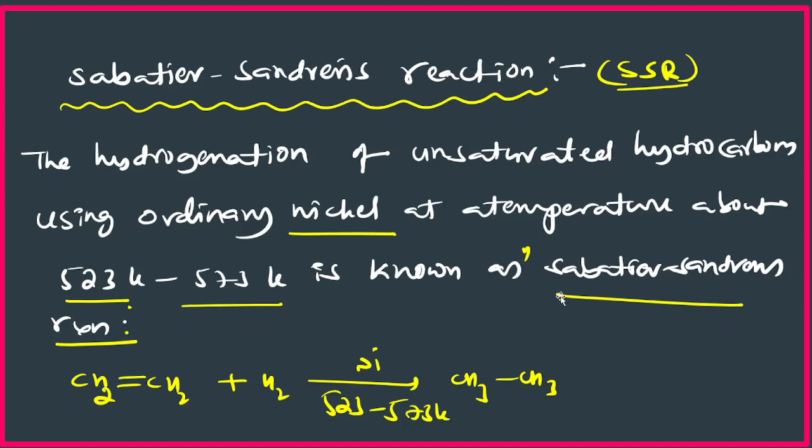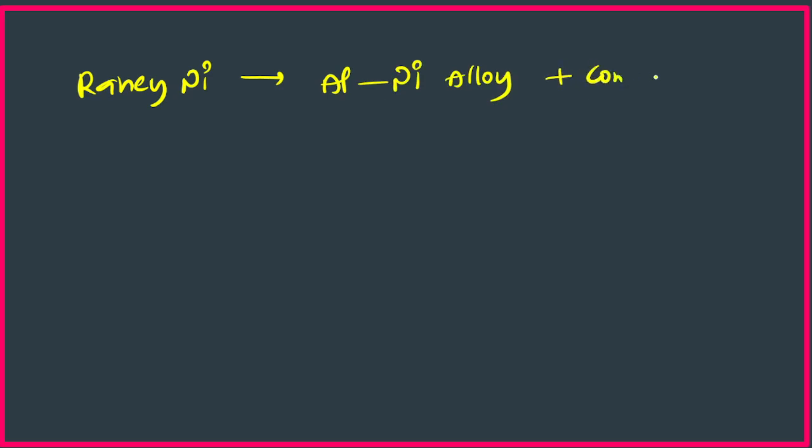Here, Raney nickel can also be used. What is Raney nickel? Raney nickel is an aluminium-nickel alloy treated with concentrated sodium hydroxide.